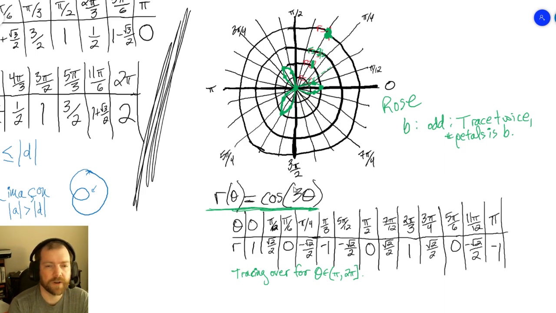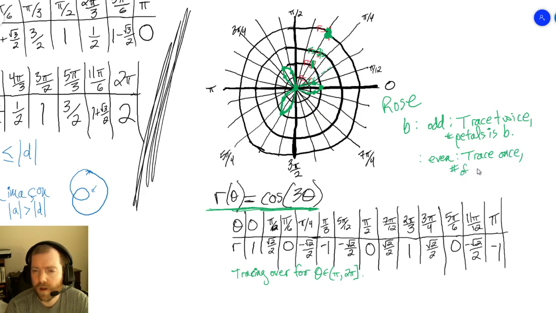Again, your b value is the multiplier on the inside of the cosine function. If b is even, then we're going to trace it once, and the number of petals is going to be 2b.